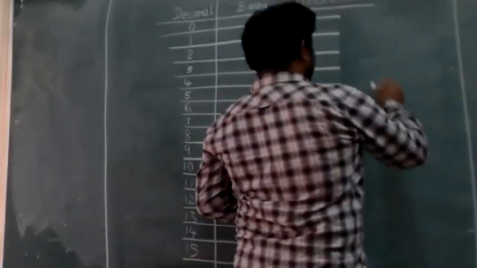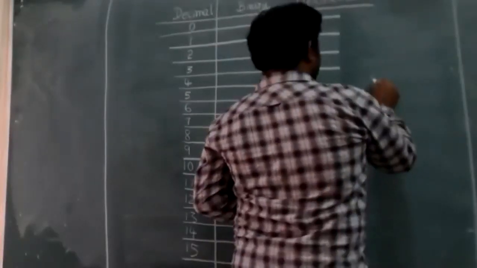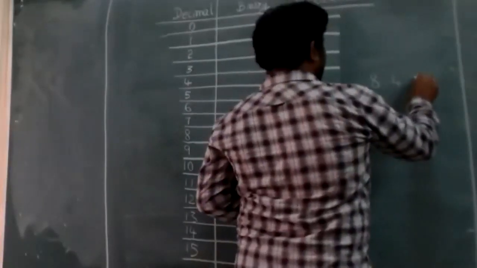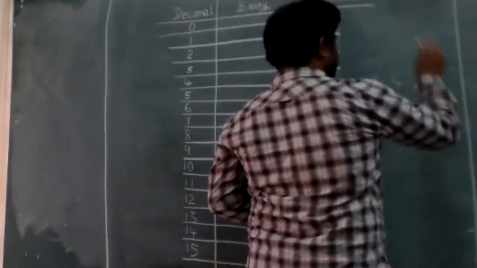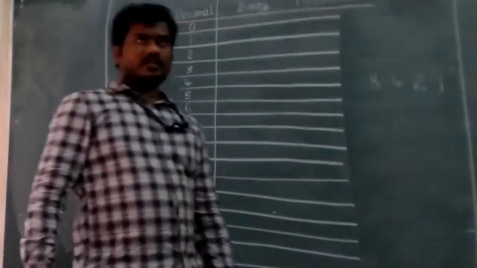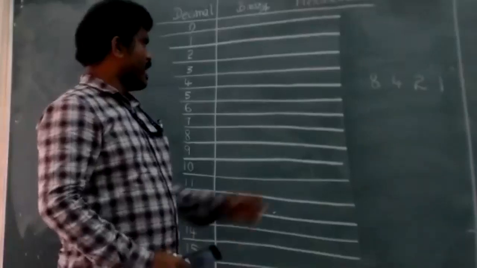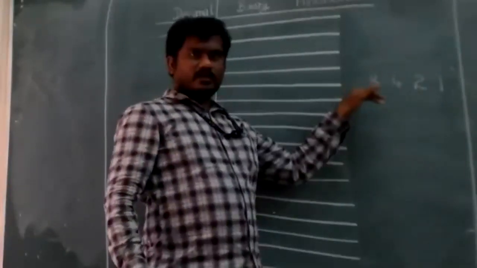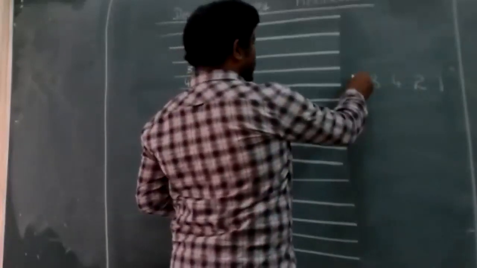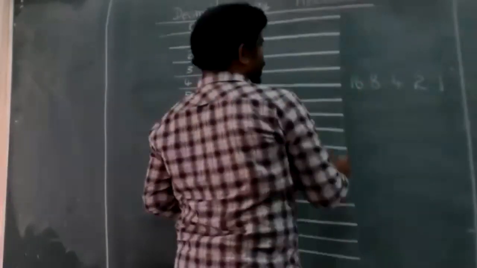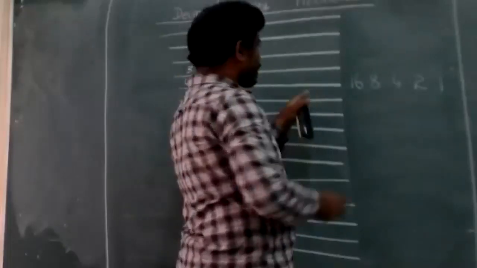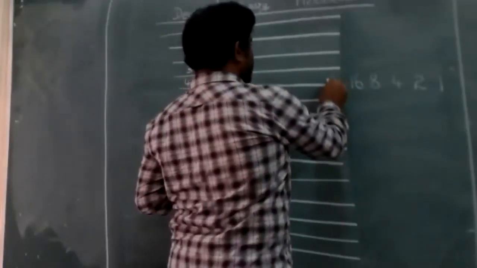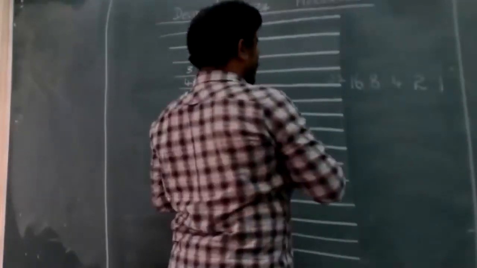In brief, that is the 8421 system. Since I need to represent 4-bit binary, I am taking this 8421 system. If you are representing 5-bit, then this is 16. And if you want to increase it further, this is 32. These are the different places.